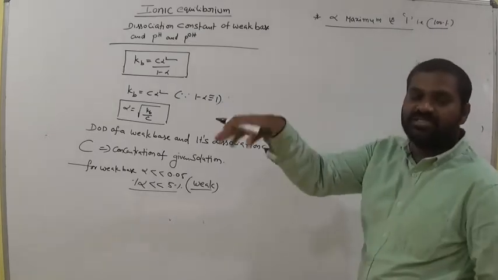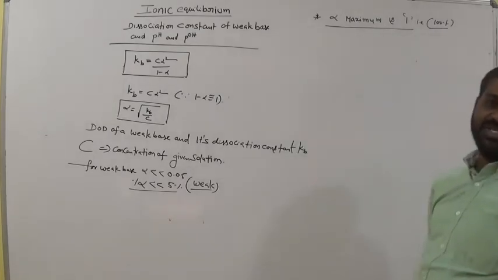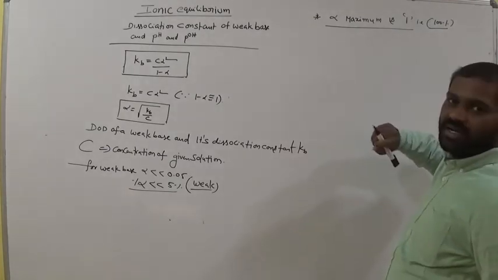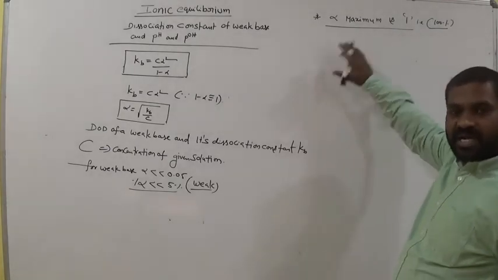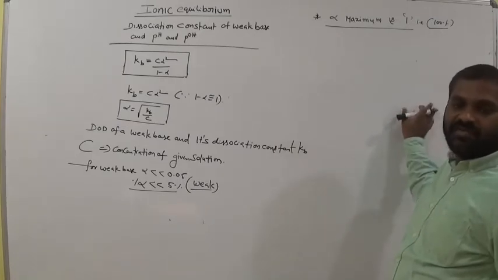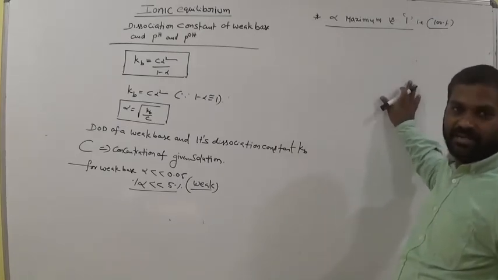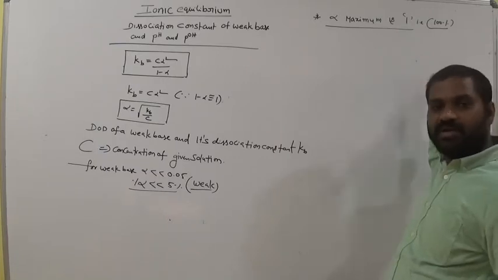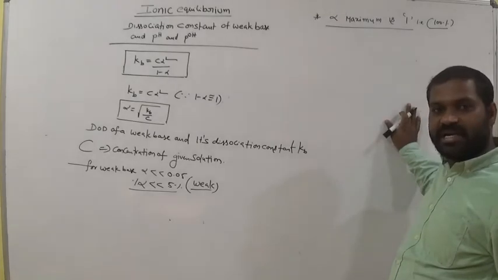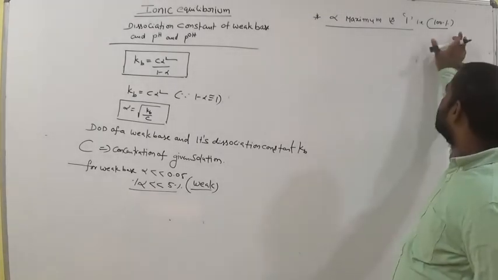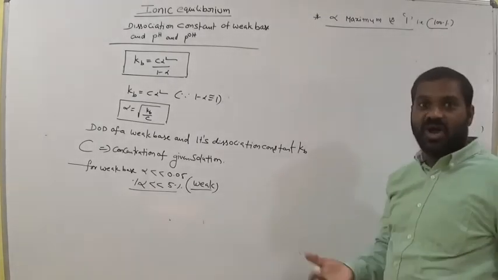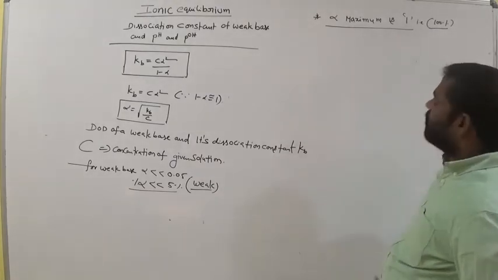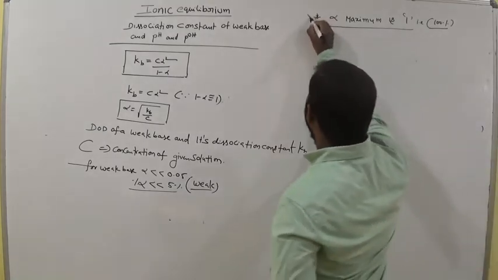If you take 100 molecules and all 100 molecules undergo dissociation, then alpha is the number of molecules ionized by total molecules, 100 by 100, which is 1, or 100%. Then it is strong in nature. Remember this, very important.